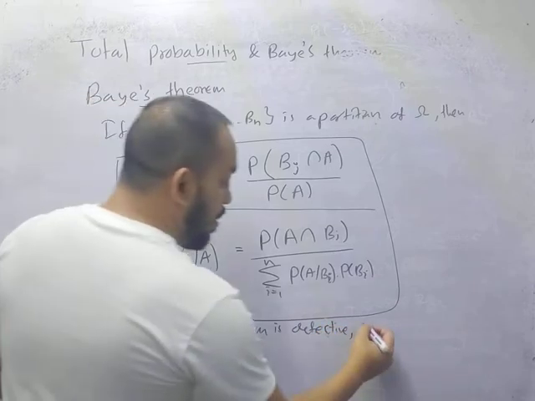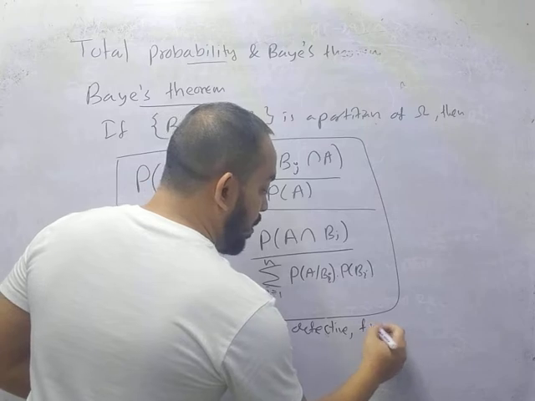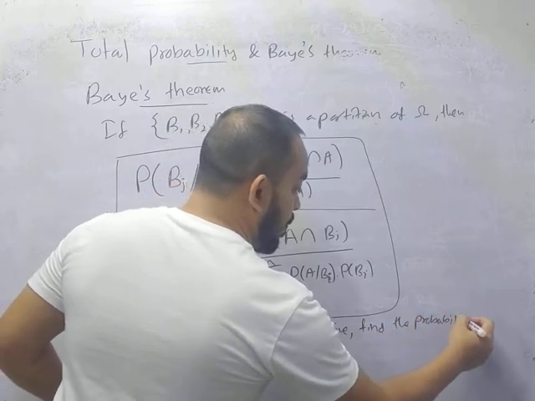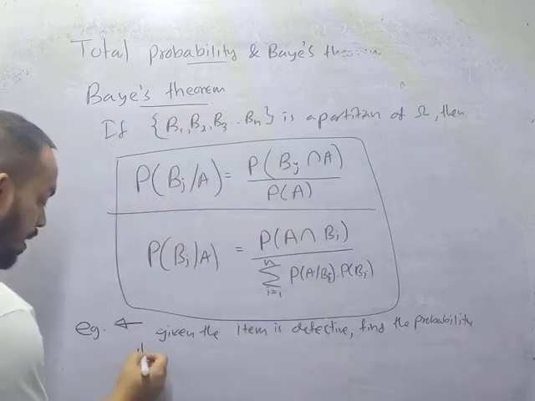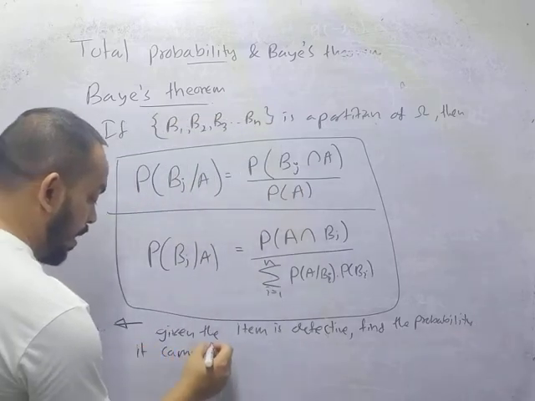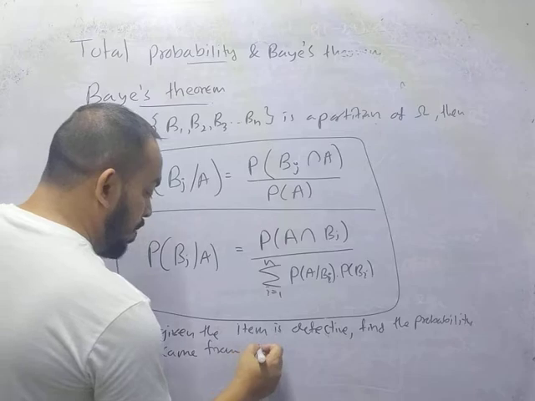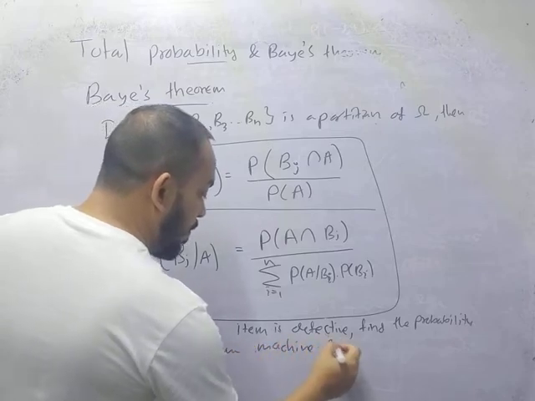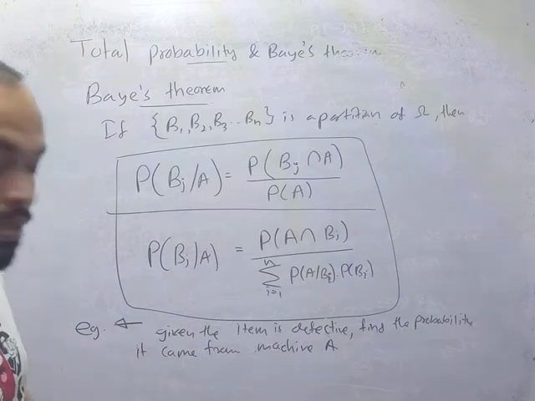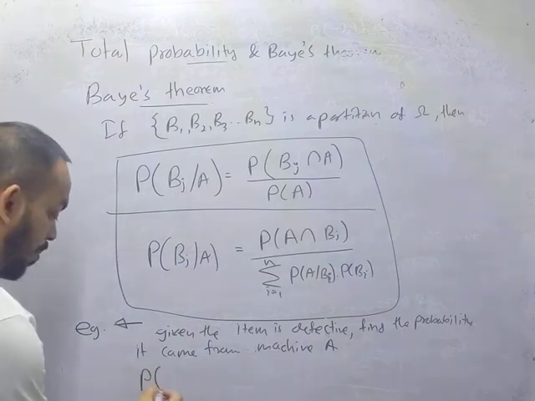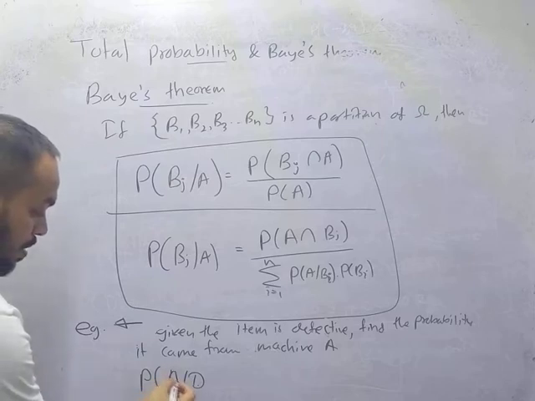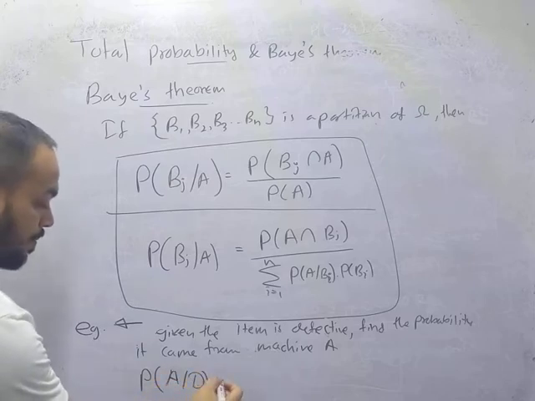Right? Find the probability it came from machine A. Right? What does it mean? It means the probability, given the item is defective, that it came from A.